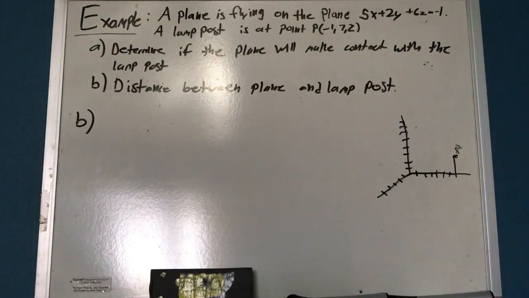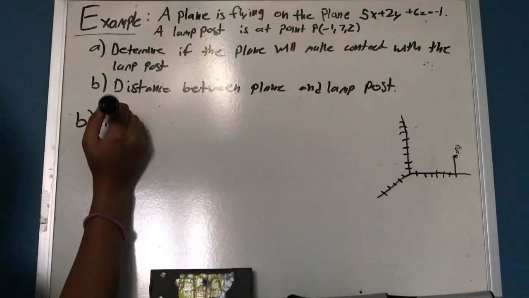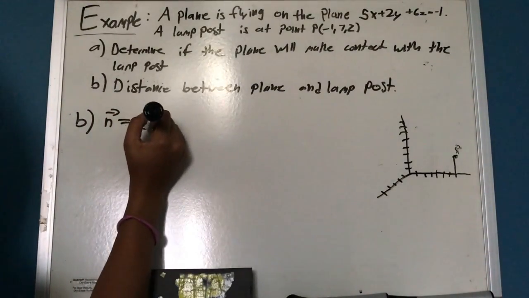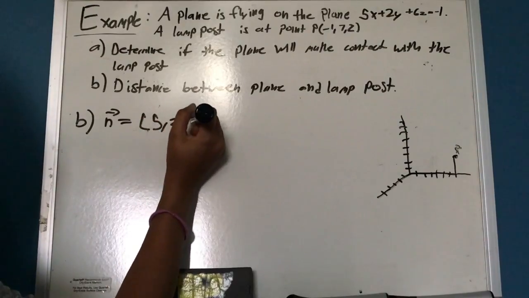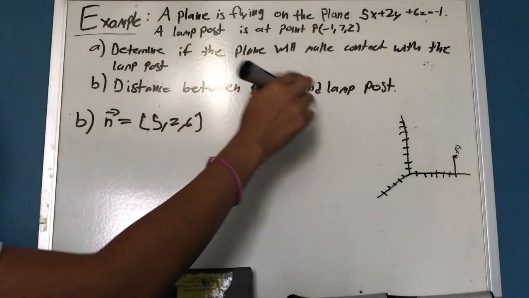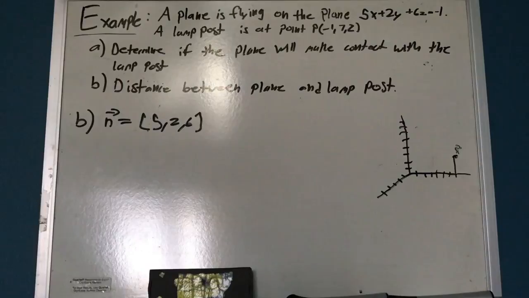For part B, we need to find the distance between the plane and the lamppost. So we need to find our normal vector, which is going to be 5, 2, and 6, remembering that these are the coefficients in front of the variables.